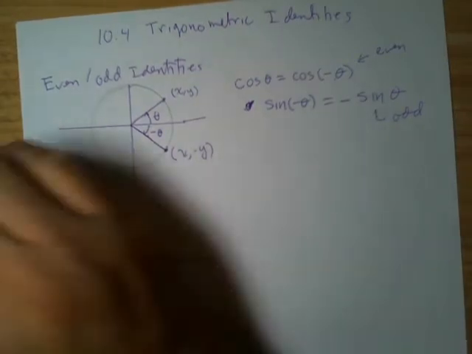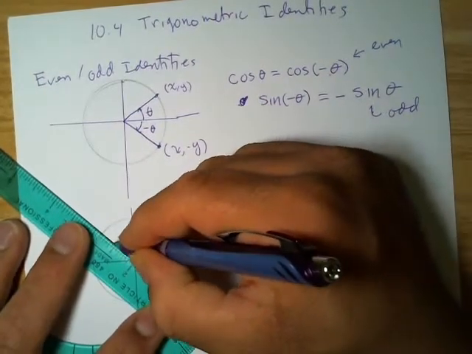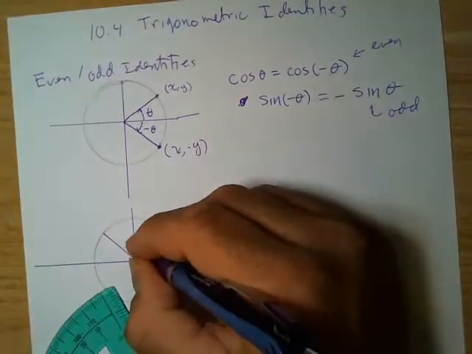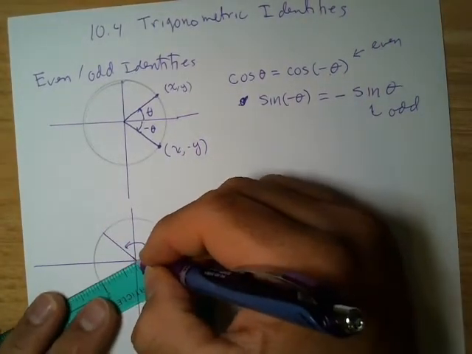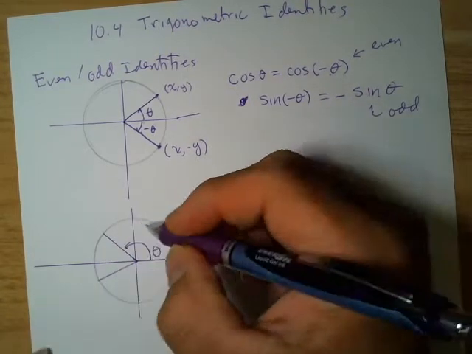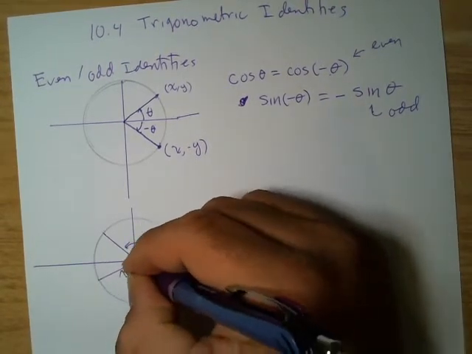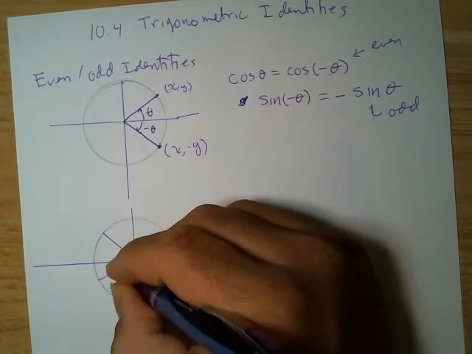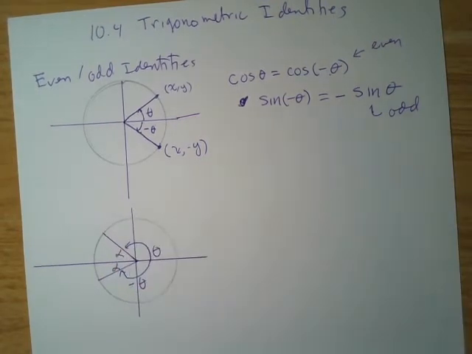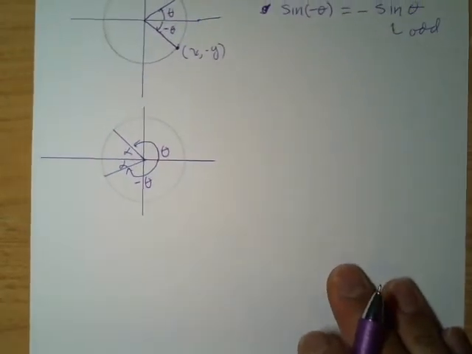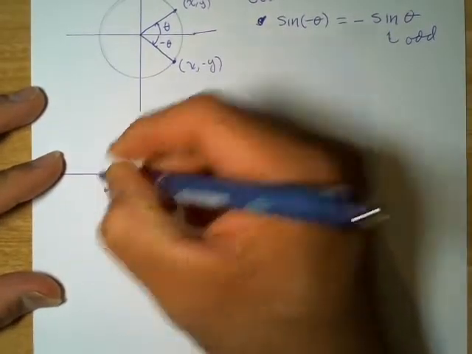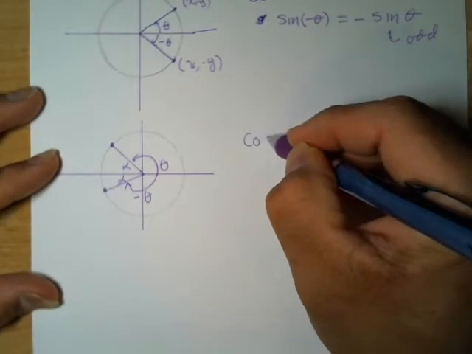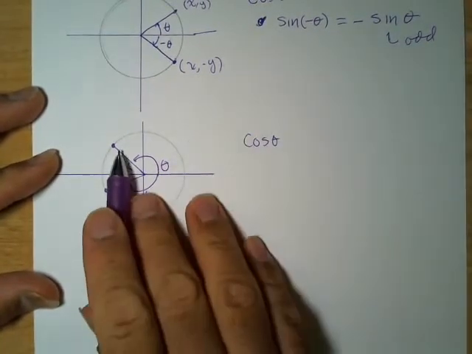Or let's say we had an angle here, and this was theta, and then somewhere down here, this would be negative theta. Keep in mind, in both of these cases, they would have the same reference angle, alpha. As we can see here, the relationship for the cosine of theta is the same.